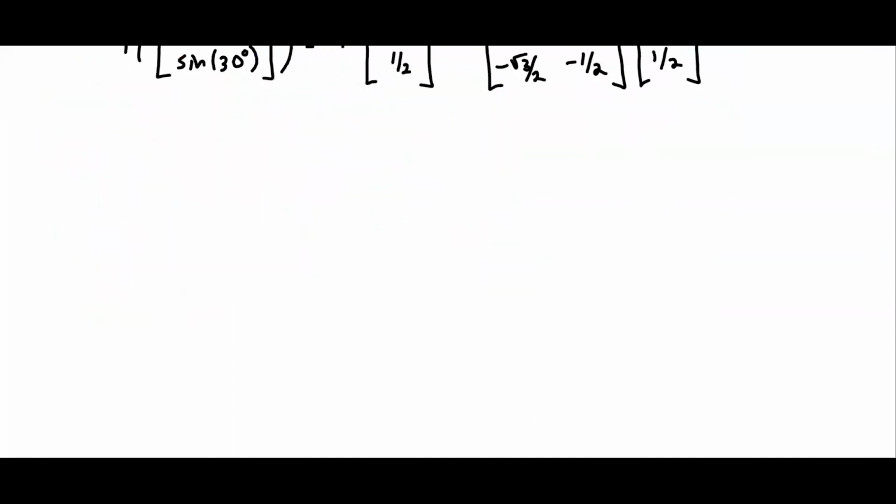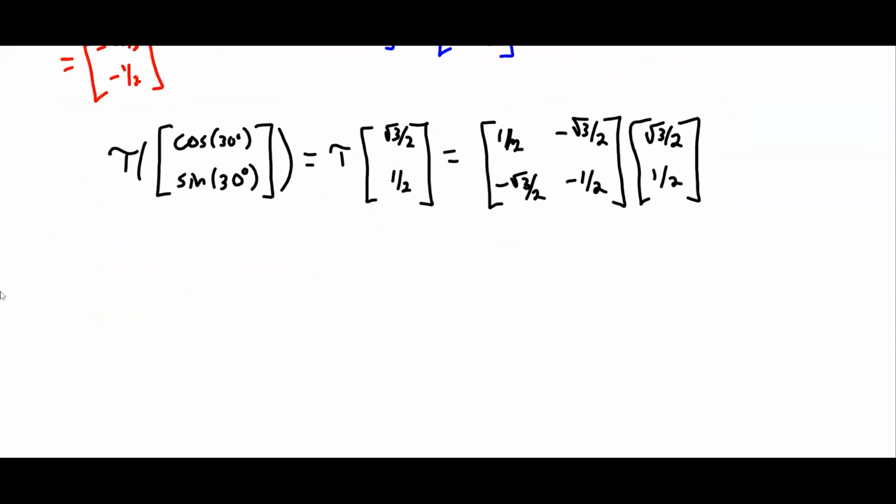Right, so I'm just going to use the dot product method here. So I got 1/2 and square root of 3 over 2. So that's square root of 3 over 4 minus square root of 3 over 4. So we're going to get 0 there.